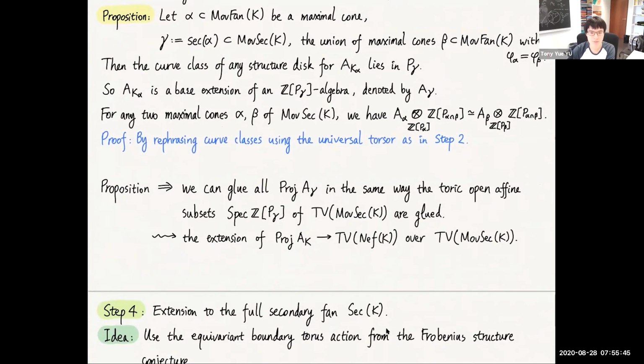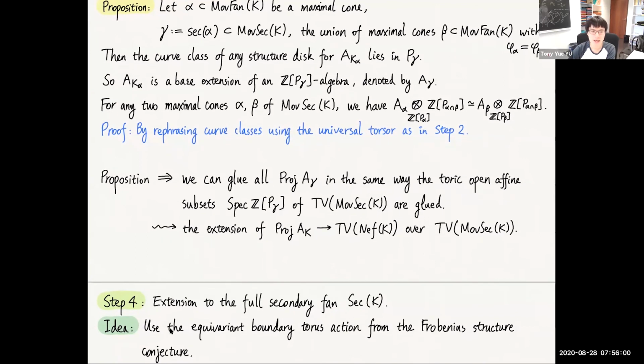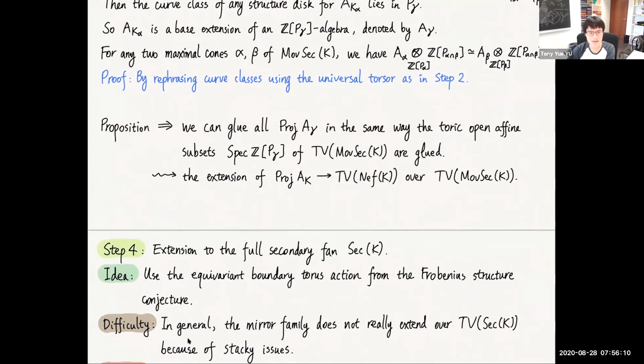So the last step for extending to the full secondary fan is to extend to the boundary cones. For this, we have to use the equivariant boundary torus action from the Frobenius structure conjecture. There are some difficulties involved because actually the mirror family does not really extend over this toric variety because of some stacky issues.